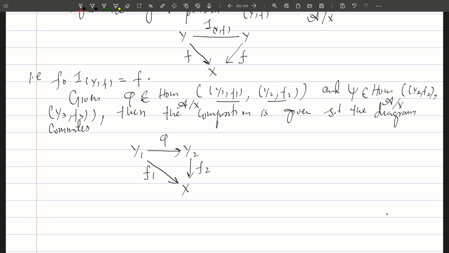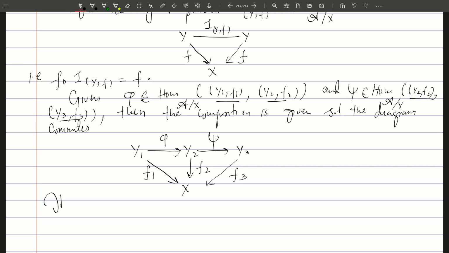Similarly, we have a morphism from y2 f2 to y3 f3. So we have y3 here and an arrow which takes y3 to x via f3, and this psi is an arrow between y2 and y3. Now since this is happening inside the slice category, this diagram commutes.